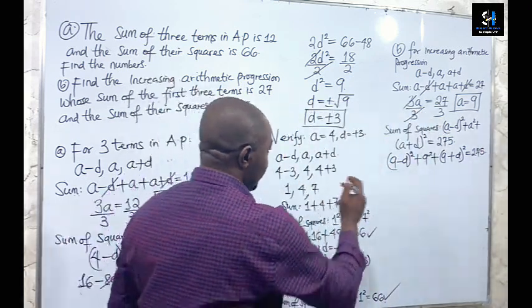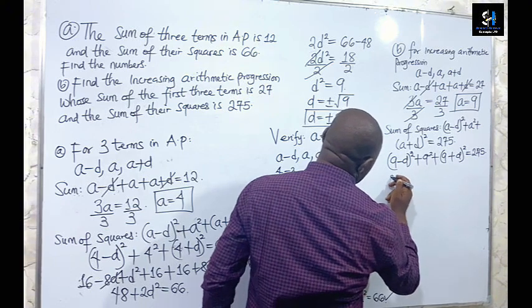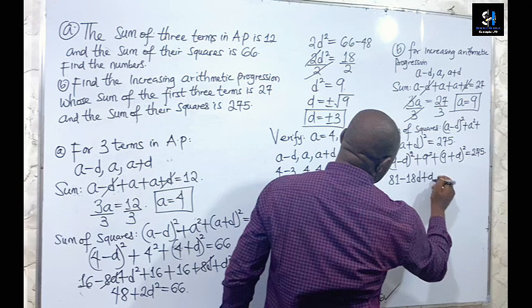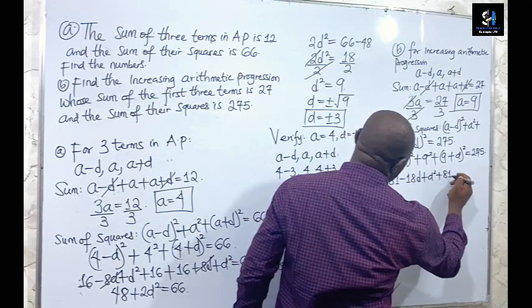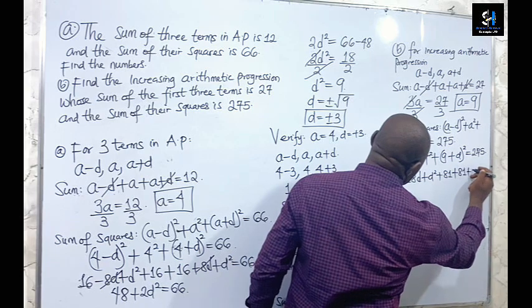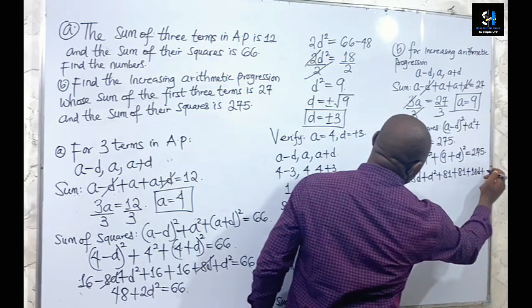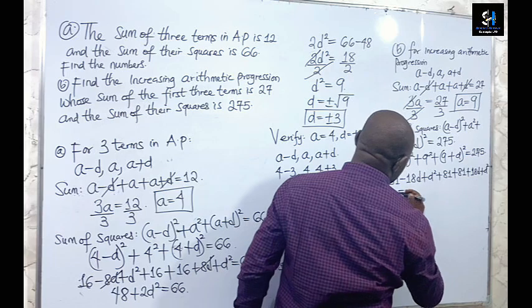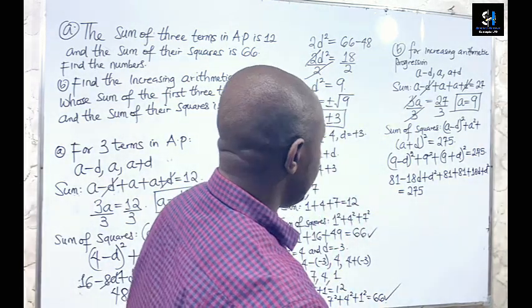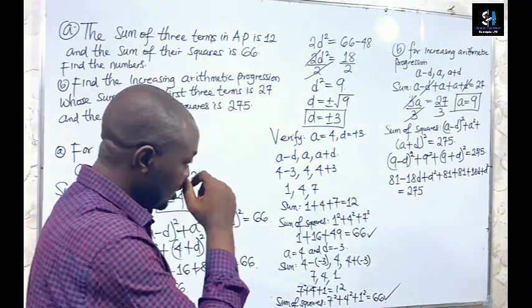If we expand this, this will be 81 minus 18d plus d squared. Then also this will be 81, then plus 81 plus 18d plus d squared, and this will be equal to 275.